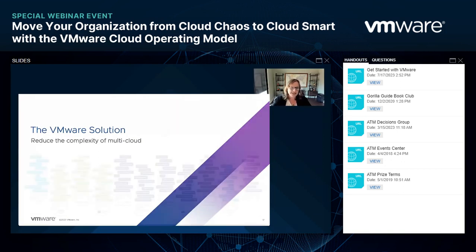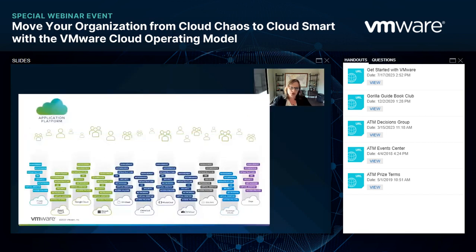Because if we take these different layers that are causing us this complexity across these different types of clouds, and step back and take a look, we are actually trying to solve the same problem across all of these different cloud providers.